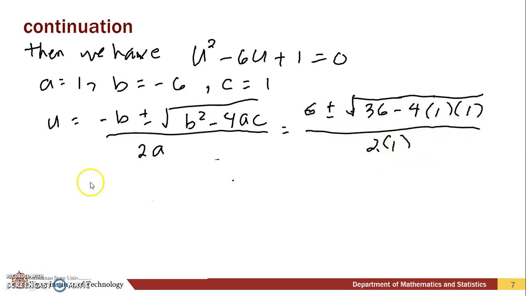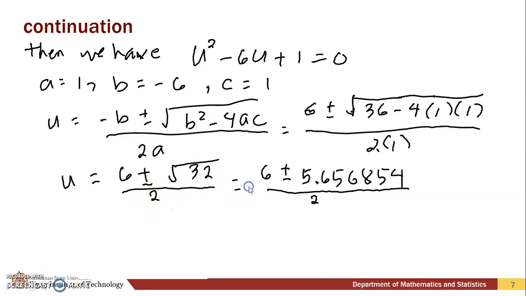Solving for the value, we have 6 plus or minus the square root of 32 all over 2. If we solve for the square root of 32, we come up with 5.656854.